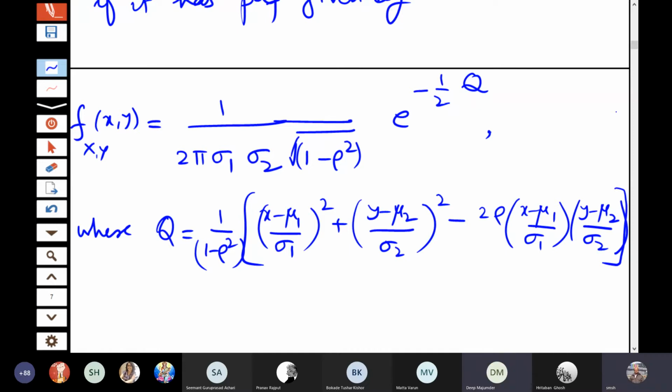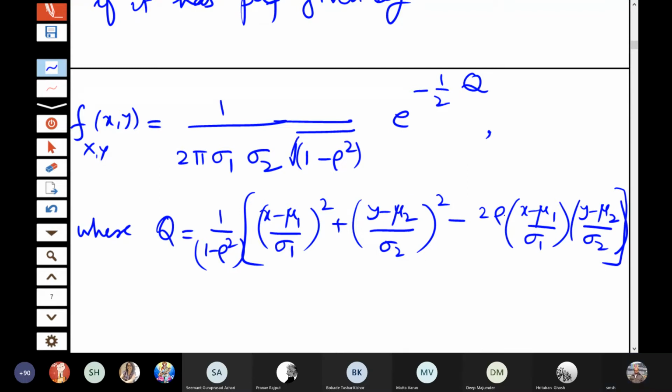Now I will start a little bit of manipulation, because I would like to calculate the marginal distribution of x and the marginal distribution of y. Let us look at this term. It is nothing but a quadratic: x square, then y in the square term, of course (x minus mu1) by sigma 1 and (y minus mu2) by sigma 2, and then there is a cross product term.